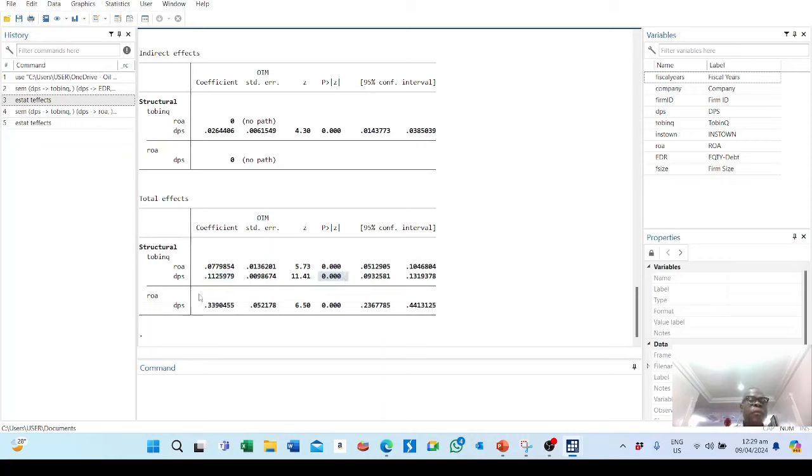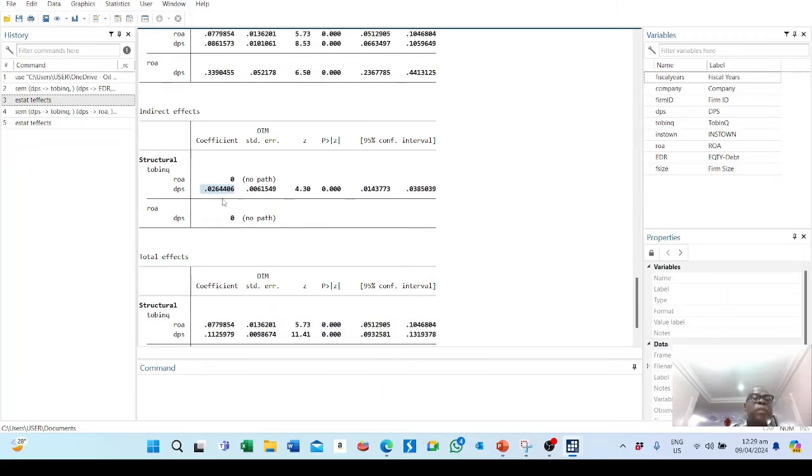The indirect coefficient of dividend per share on Tobin's Q is 0.0264.